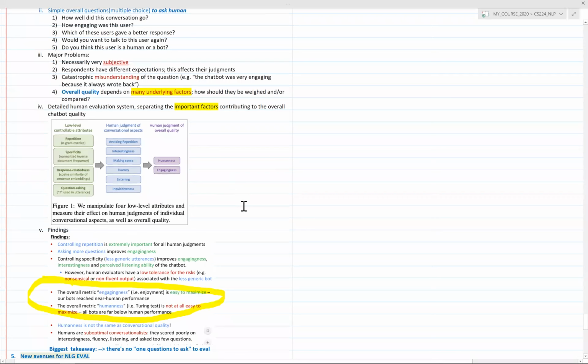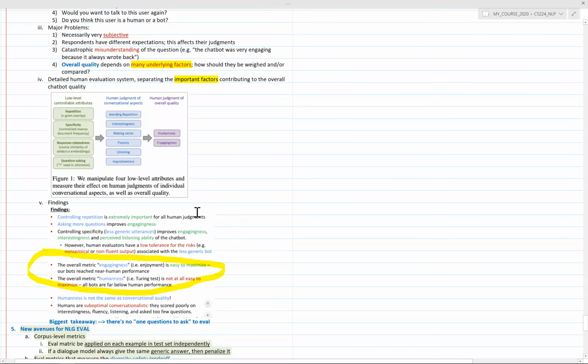And the interesting finding in this case is that the engagedness is pretty easy to identify, and as an evaluation metric to maximize, because it is easy for the machine to recognize. But on the other side, the humanness, it is really hard to maximize, because it is just like the Turing test.